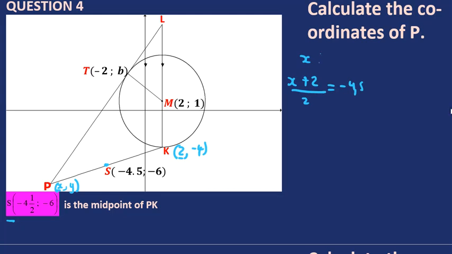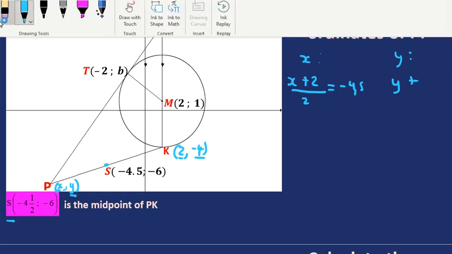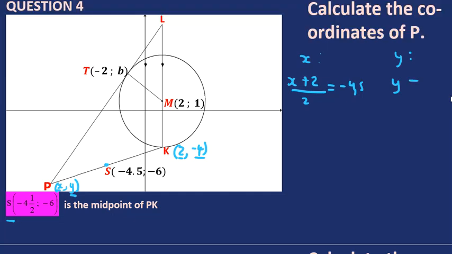That's how we can work out the x coordinate. To work out the y coordinate, we do the same thing. We take the y value of P and then we add the y value of K, which is actually -4.